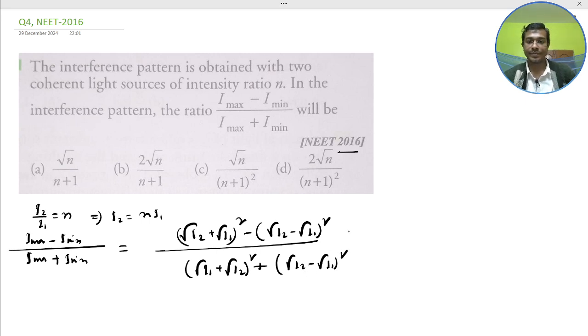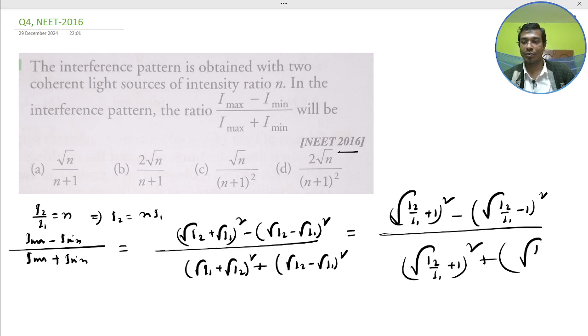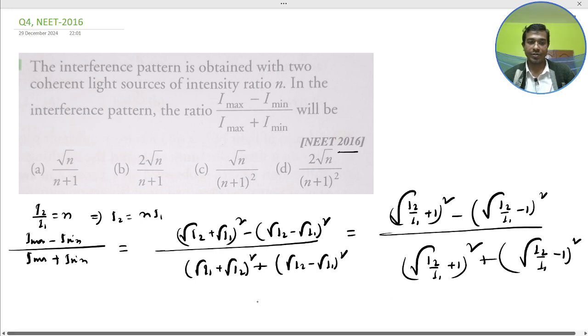Just calculate, you get root I2 by I1 plus 1 whole square minus root I2 by I1 minus 1 whole square, over the same with a plus.